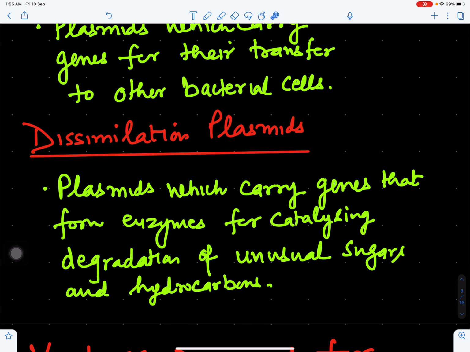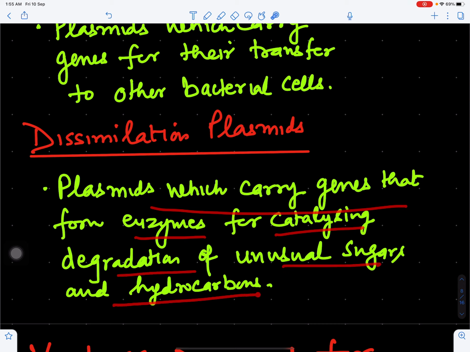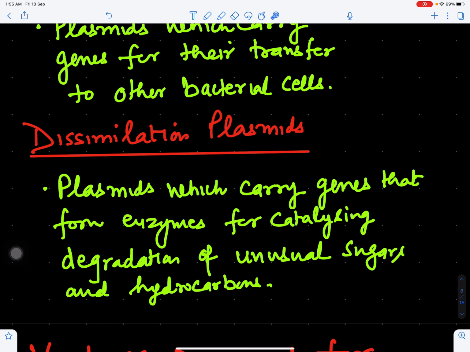Next category is degradation plasmids. These plasmids carry genes that form enzymes for catalyzing the degradation of unusual sugars and hydrocarbons. So bacteria having these plasmids can grow in the presence of these sugars and hydrocarbons because the plasmids help in metabolizing them.